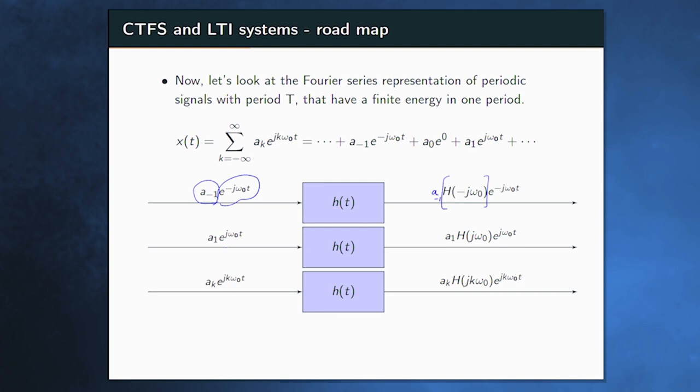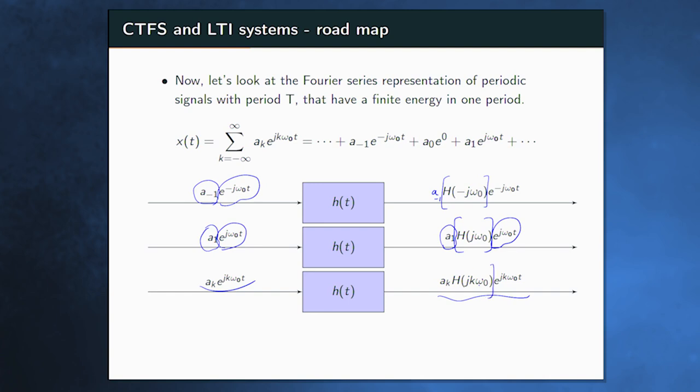The second one, if you apply the second one, this part is going to show up at the output without any change. The whole thing is going to be multiplied by this factor. All right, and so on and so forth. So in general, any a k e to the jk omega naught t that's applied to the system is going to result in a k e to the jk omega naught t multiplied by H of jk omega naught.